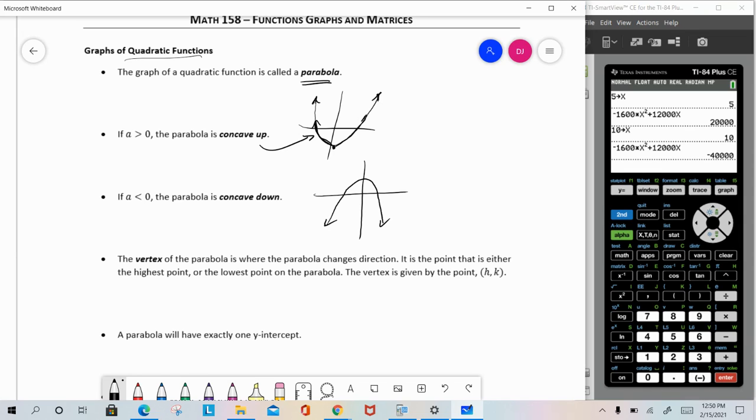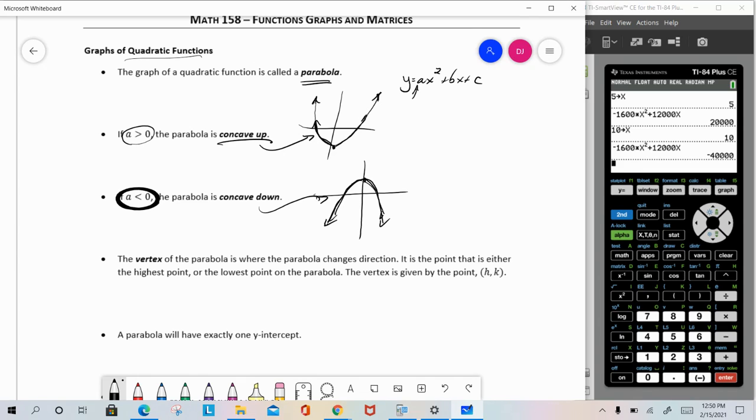Some parabolas are going to be concave down. This parabola is concave down because the vertex is at the top, and it goes down in both directions from there. Now remember that a quadratic is a function that can be written y equals ax squared plus bx plus c. If the a value is positive, the function is concave up.